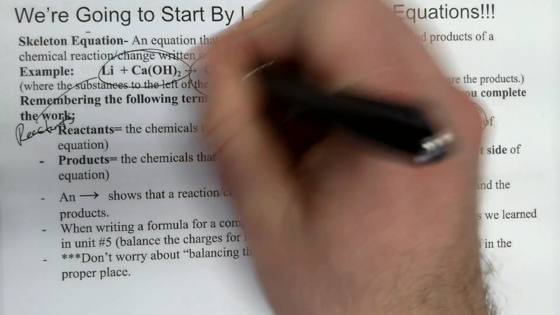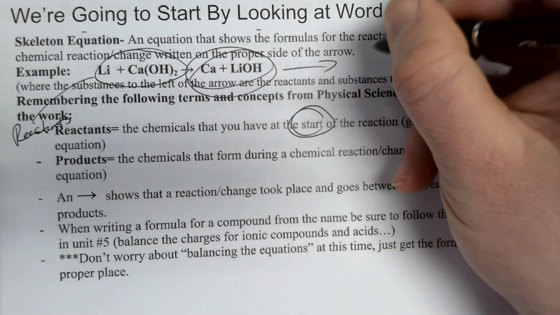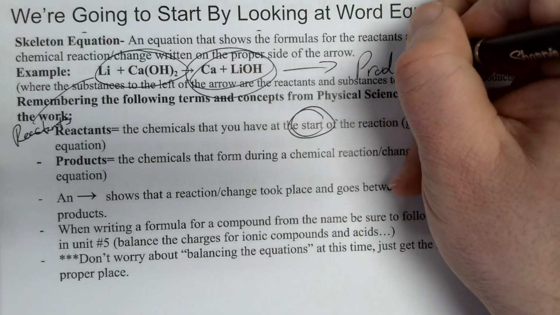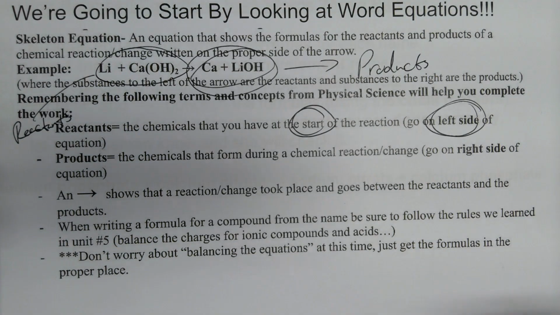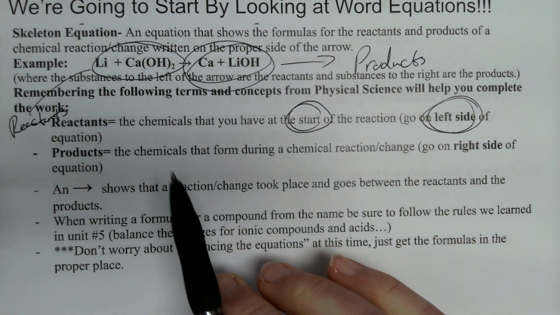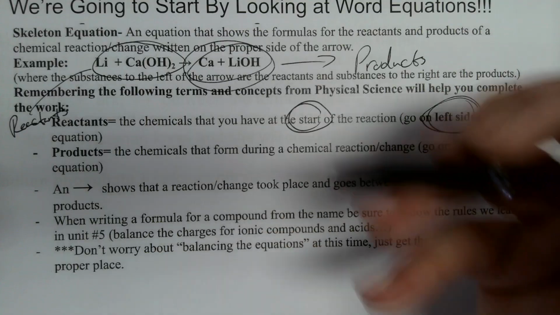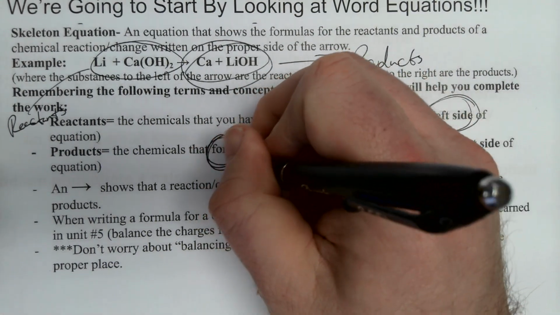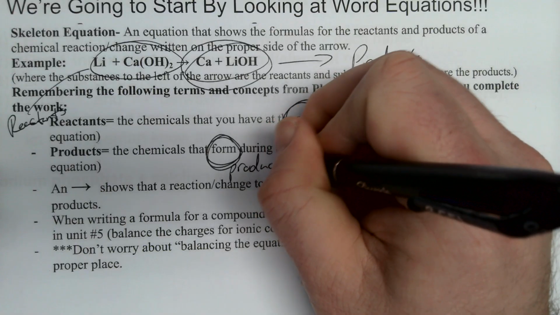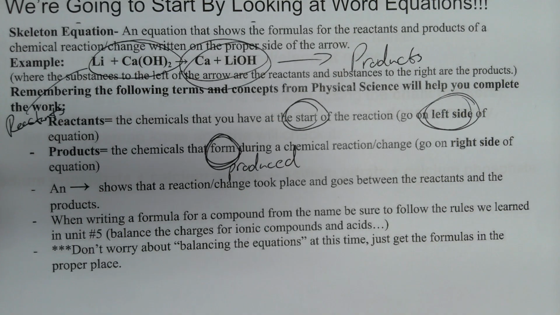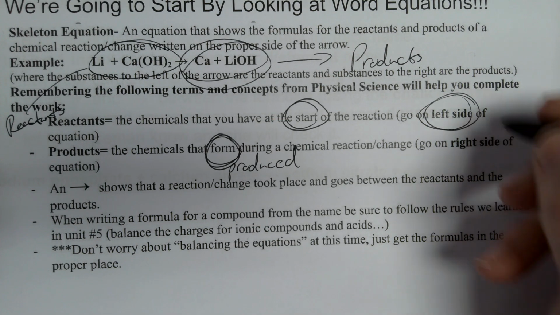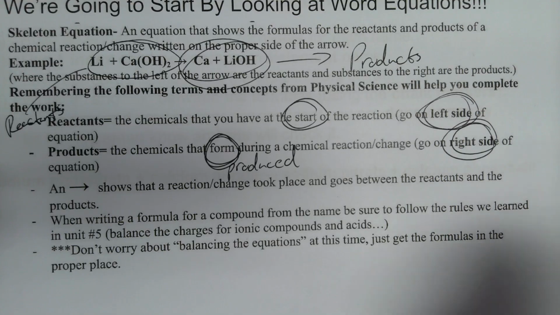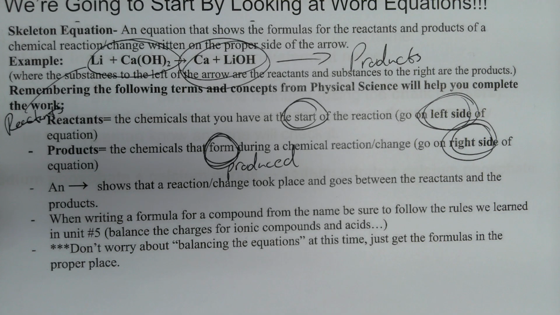The right-hand side, the calcium and lithium hydroxide, are known as my products. These are what's being produced, the chemicals that form, produced from said change. And where do I find the products? They are on the right-hand side of my arrow.